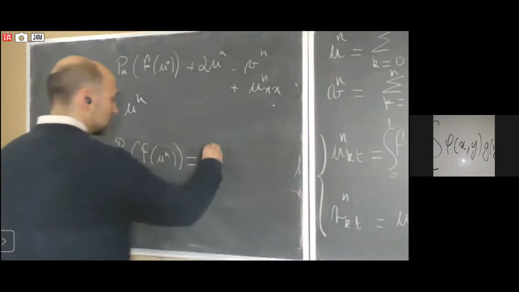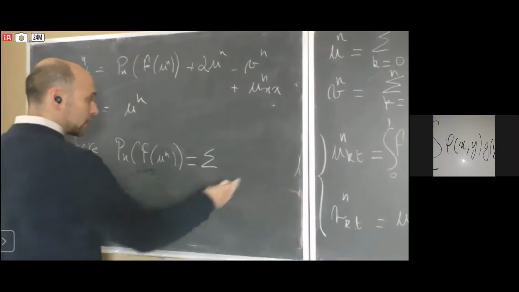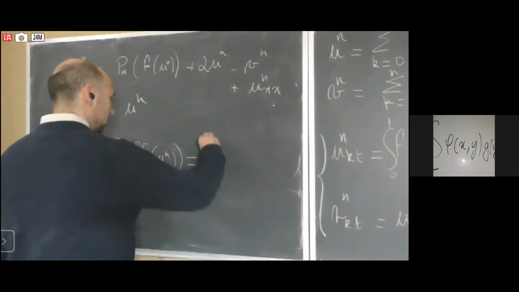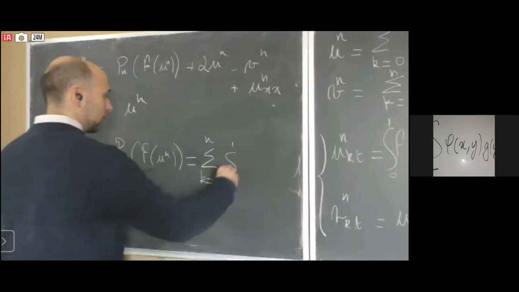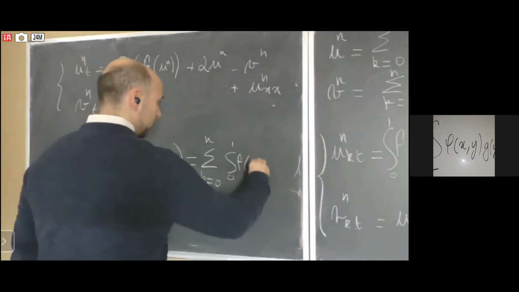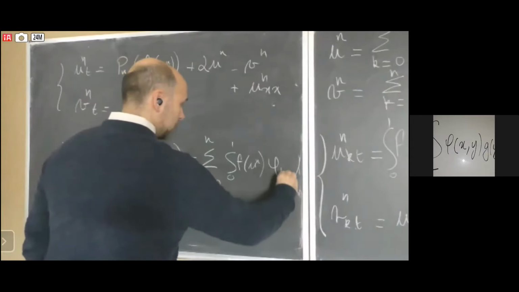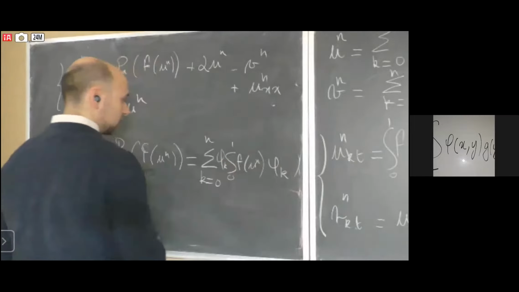This is a classical thing in Hilbert spaces. This is defined by the integral from 0 to 1 of f of un phi k, and let's write the phi k, right?